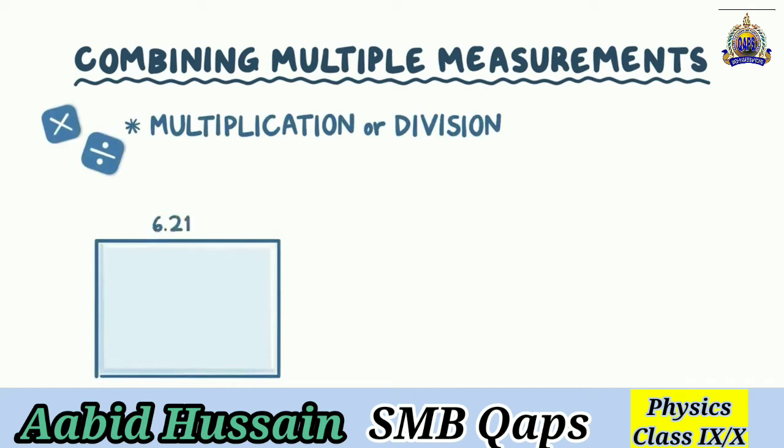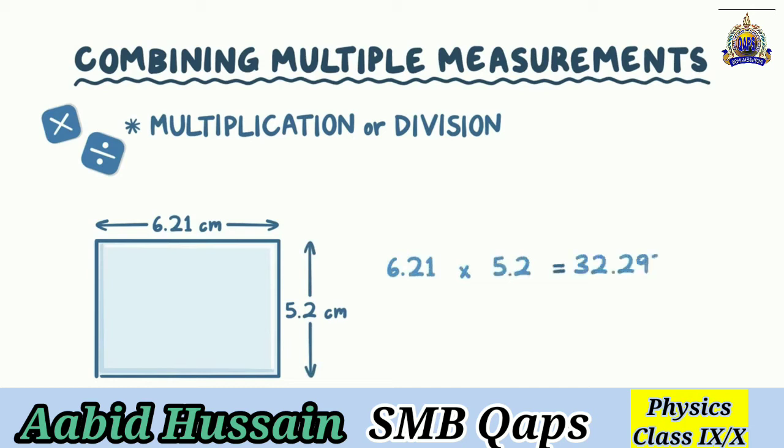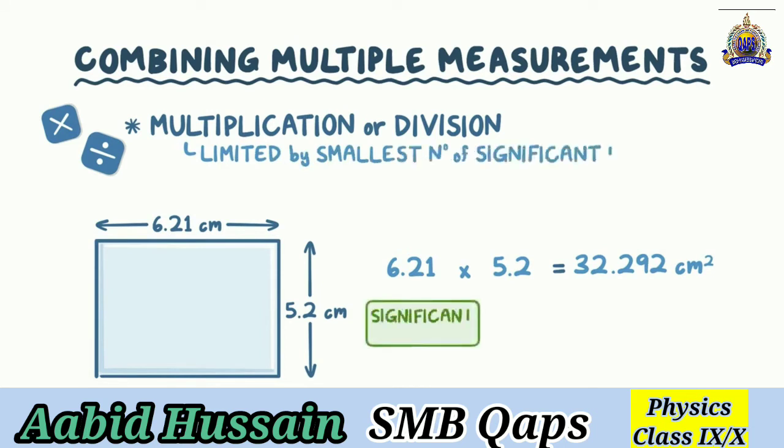Suppose here in front of you is a rectangle with a length of 6.21 on one side and 5.4 on the other, so both sides have different measurements. When these are multiplied together, we get the value 32.292 centimeter square.